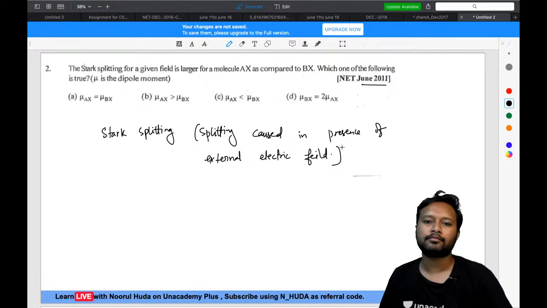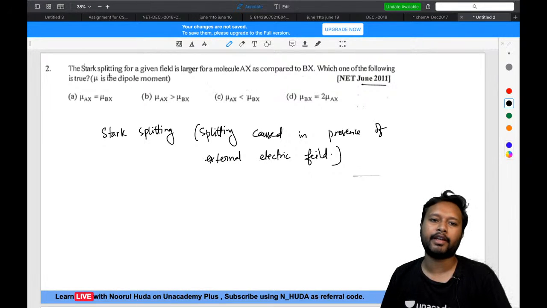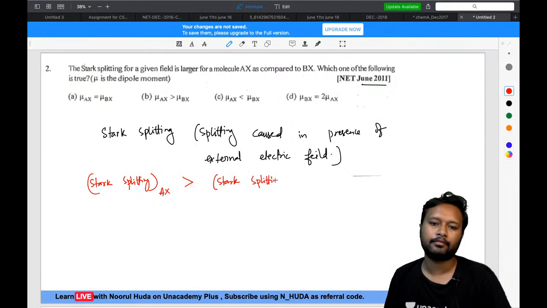Now, if you are given that Stark splitting is more, so let's say Stark splitting for AX is more than the Stark splitting of BX.